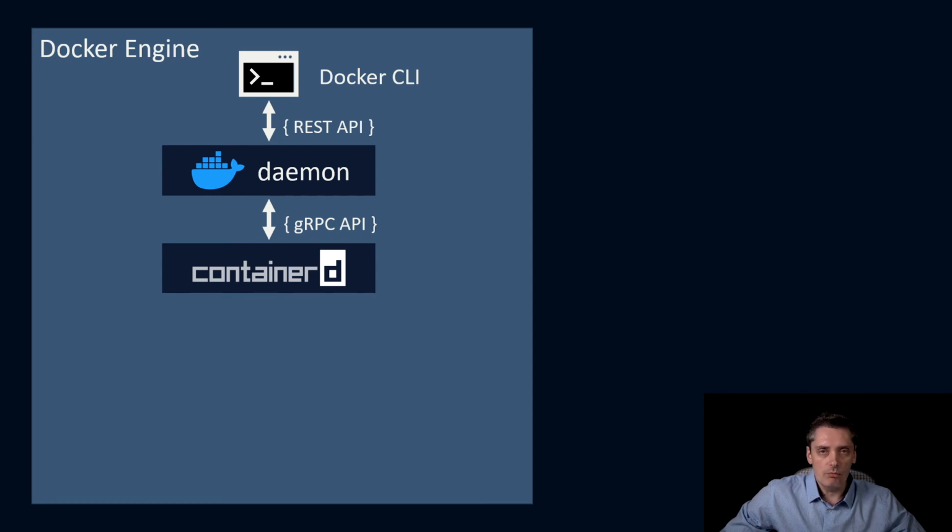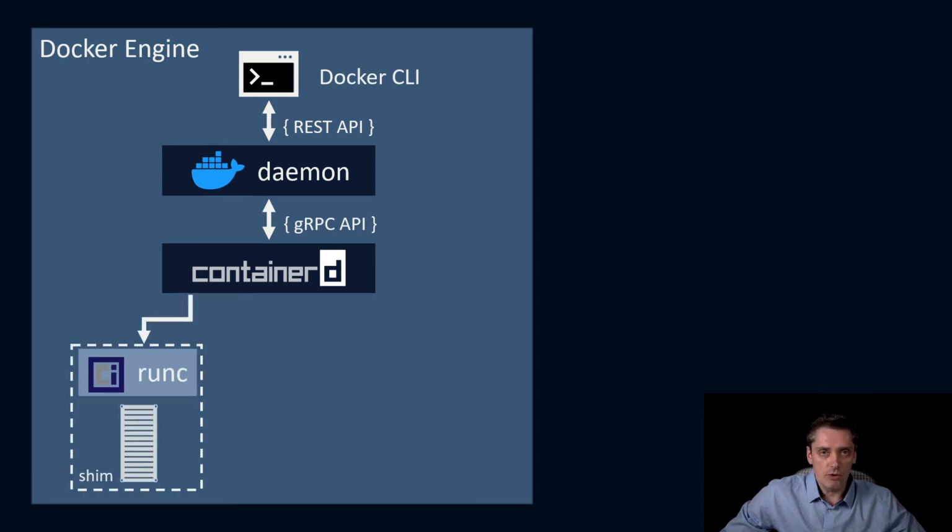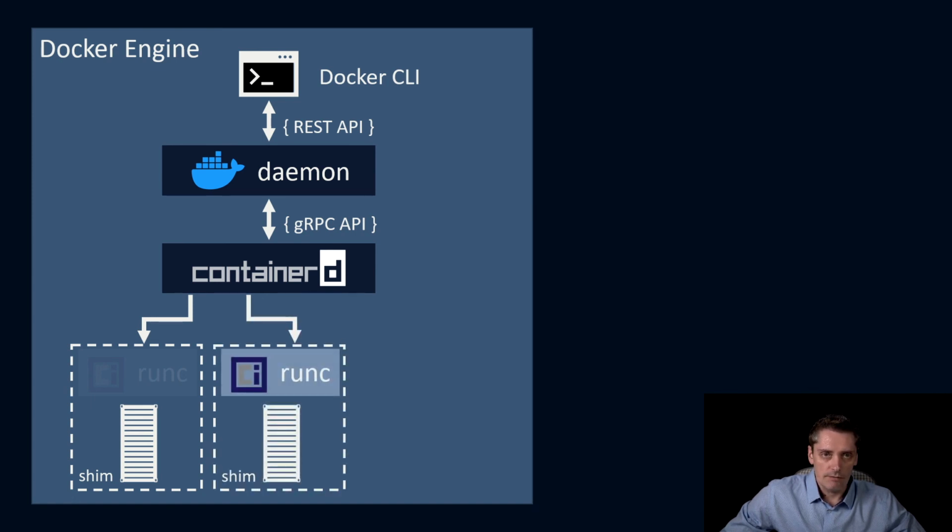I'm not going to talk about it in this video, but it's a hot topic now that deserves its own series of videos. Okay, where are we? Then, containerd starts a shim process for every container, where runc creates a container and then exits. So, runc is called for every new container and it doesn't stick around, but shim does.